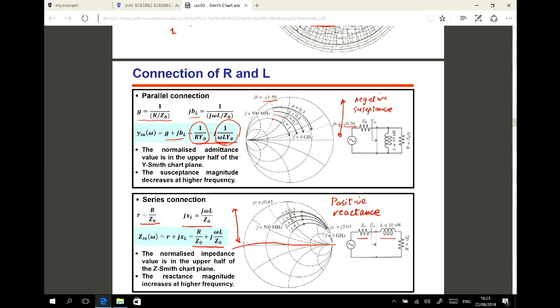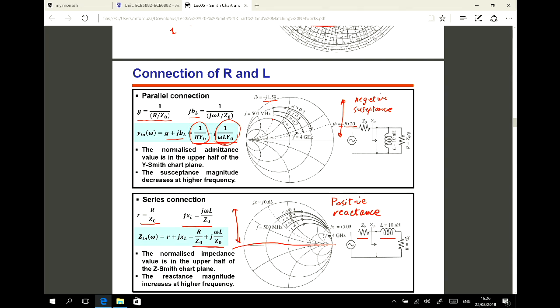R in series shows resistance, R in parallel shows conductance. For example, L in series shows reactance. L in parallel shows susceptance. C in series shows susceptance.